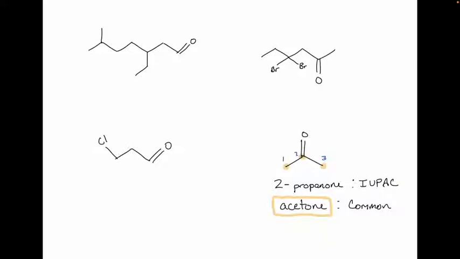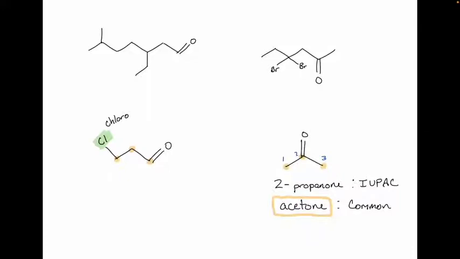3-carbon, so again, for this one, same procedure. We are going to find our parent chain. There are 3 carbons in that parent chain. I'm going to go ahead and name my substituent as well. Chlorine we would call a chloro group. And then I'm going to number my parent chain.